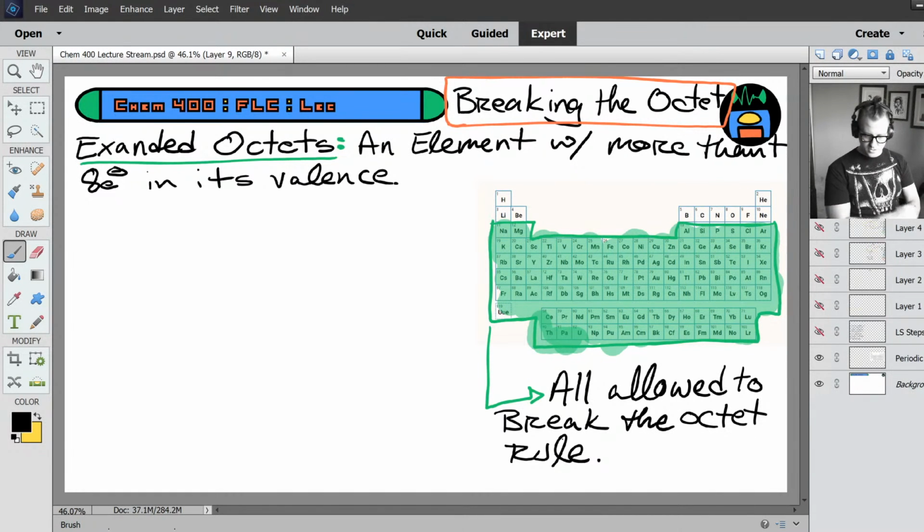And that might drop your jaw, because that's actually most of the periodic table.